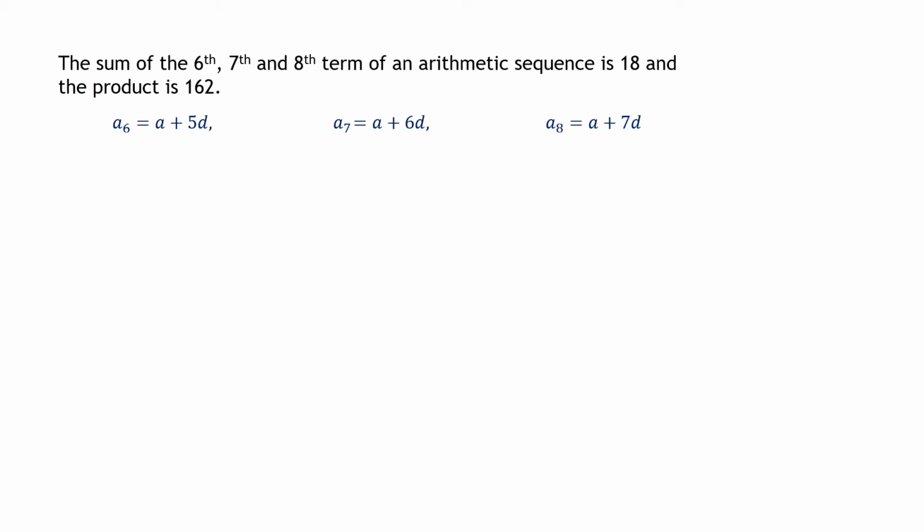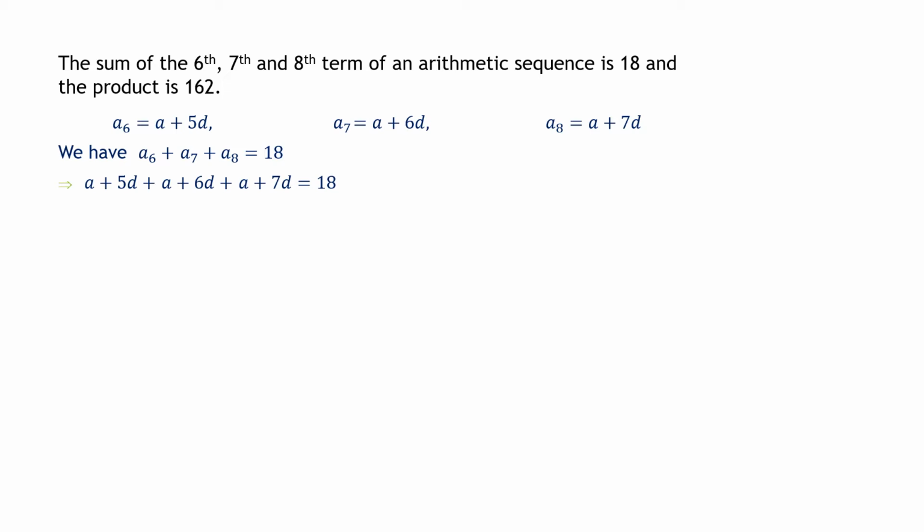So the sixth term is written as a plus 5d. The seventh term a7 is written as a plus 6d. The eighth term a8 is written as a plus 7d. The sum of these three terms, a6 plus a7 plus a8, equals 18. So we have a plus 5d plus a plus 6d plus a plus 7d equal to 18.